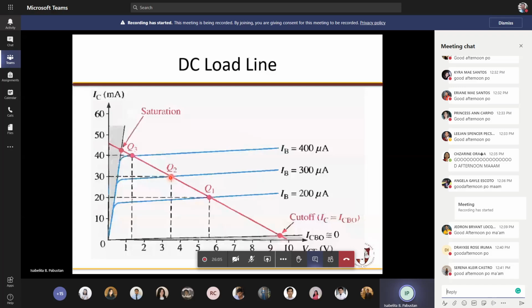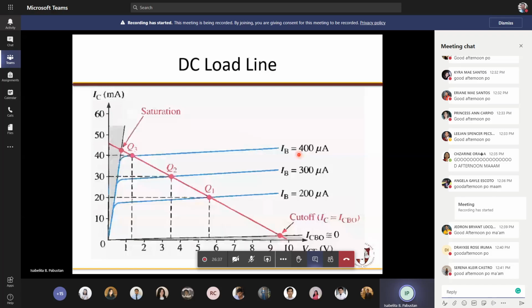Kung ang IB mo ay 300 microamperes, then your IC will be equal to 30 milliamperes, as you can see here. Similarly, if your IB is 200 microamperes, IC is equal to beta IB, when your beta is 100, then your IC will be this. Okay? And for the last one, for 400 microamperes, your IC will be 40 milliamperes.